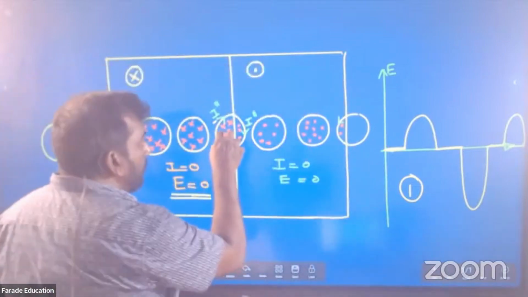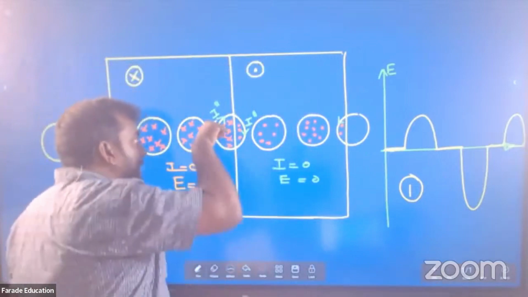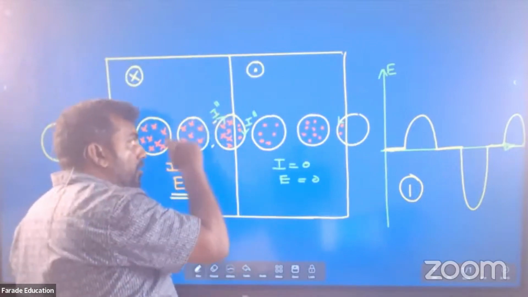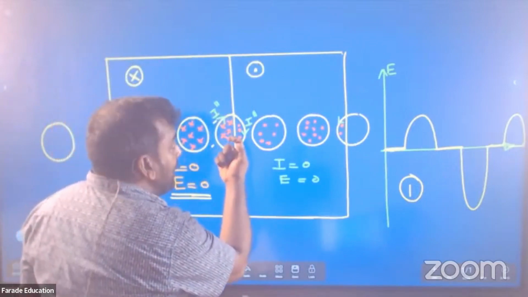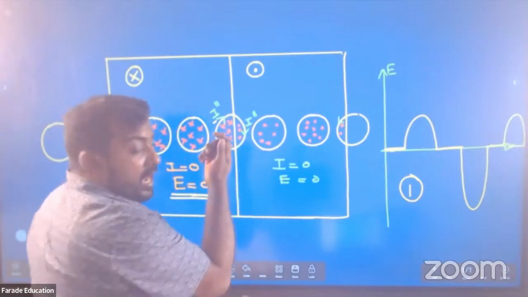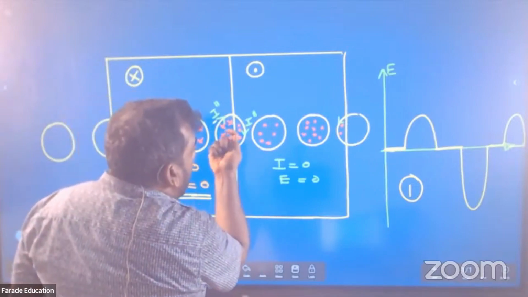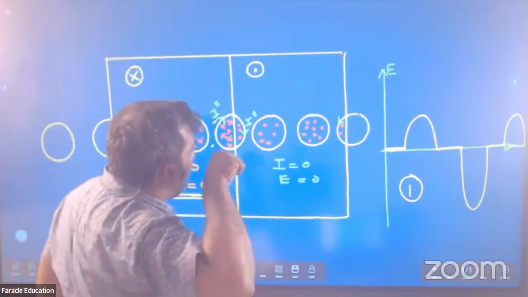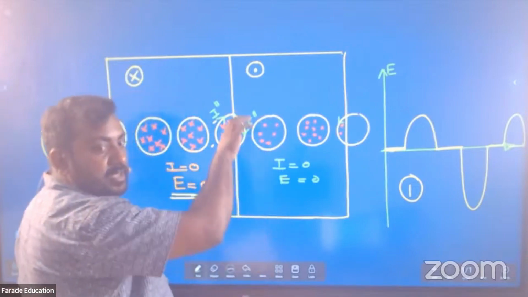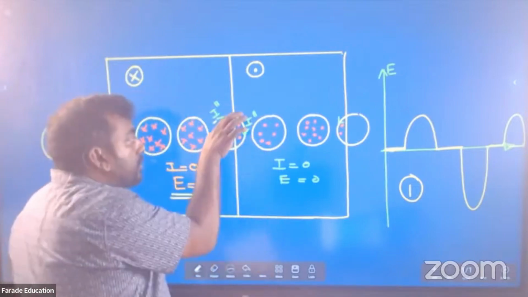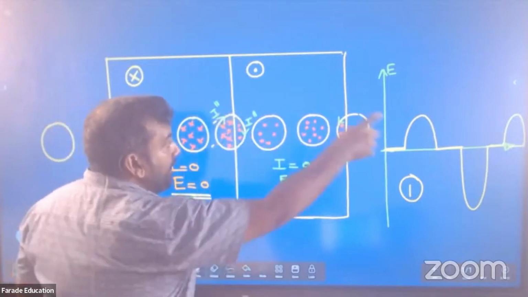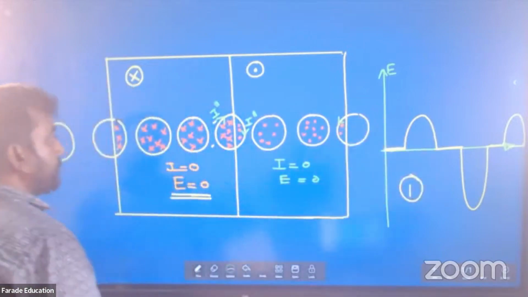The number of crosses reducing means you must increase it, so here clockwise. The number of dots increasing means you must cancel it. How to cancel the field lines coming out? To cancel it, you must send field lines in the opposite direction, so again clockwise. EMF will add right there.